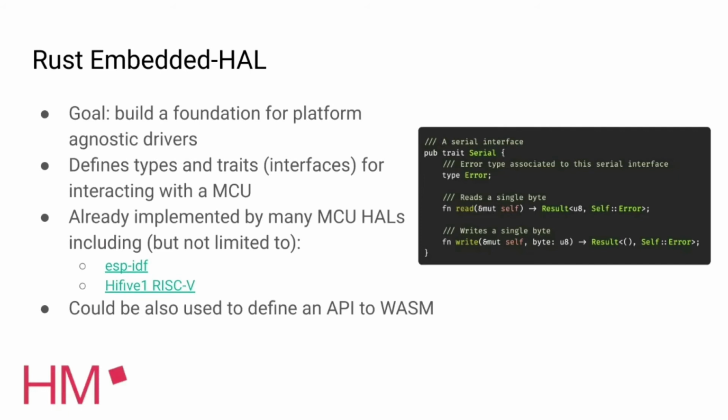It helps you abstract from the implementation of, for example, your UART. It's already implemented by many MCUs, for example the HiFive, RISC-V, or the ESP-IDF IoT development framework. And this can also be used to define an API to WebAssembly, which is very interesting.